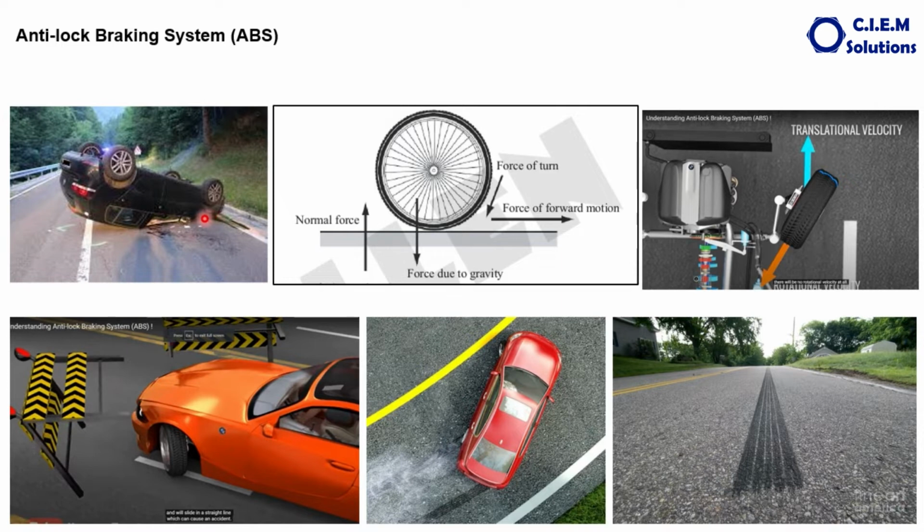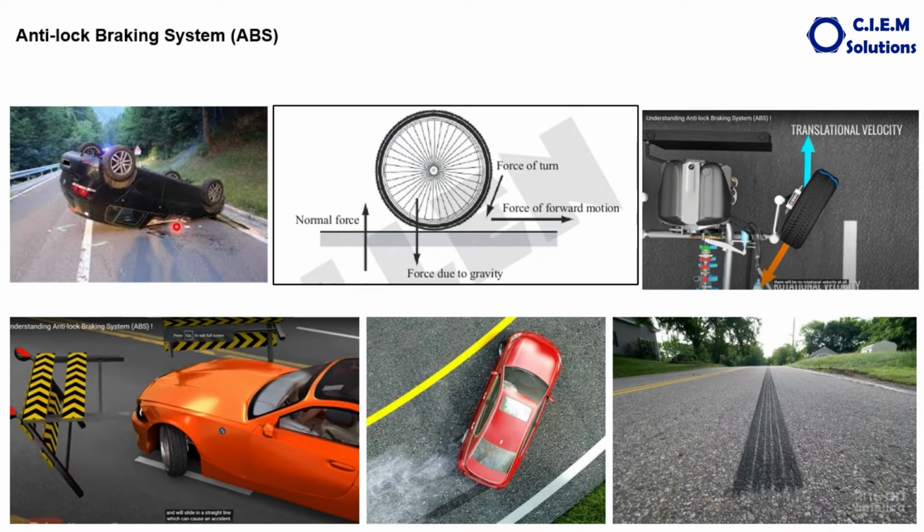The system was called anti-skid, not anti-lock, and the patent was sold to Robert Bosch, who named the system Antilock Braking System, or ABS. From 1971 onwards, companies like Chrysler, Ford and General Motors offered ABS as an option, gradually followed by all other vehicle manufacturers.